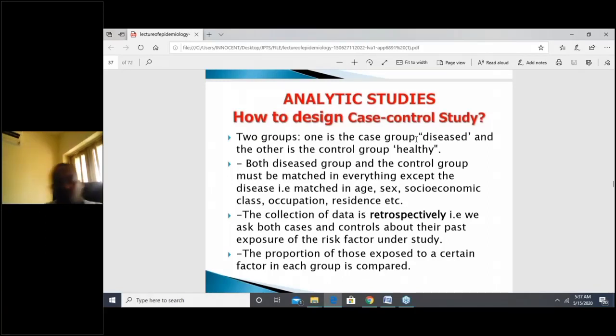So you are going to now compare, okay, for the case study group, how many has been exposed to this particular factor? Let's say you are studying a disease, you are studying an infection. So you are going to ask them questions. So from that question, you are going to now find out, were you exposed both in the control and in the case study group?